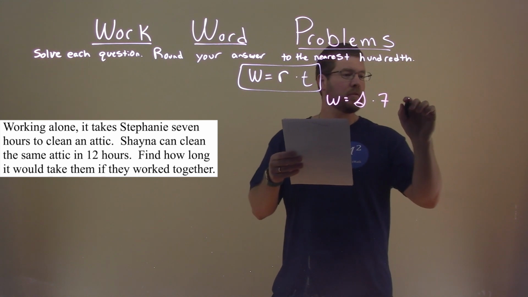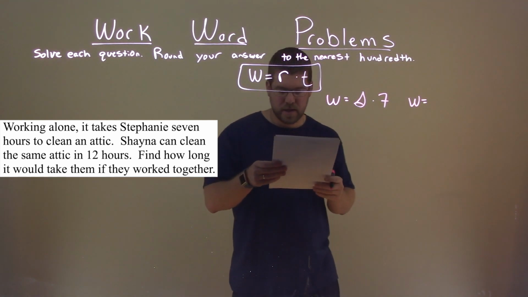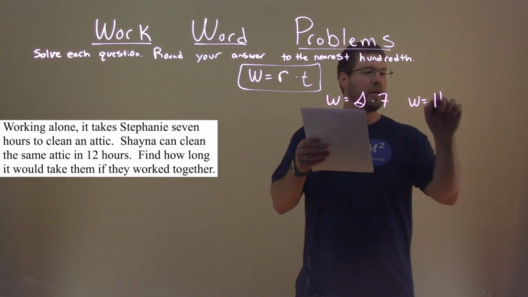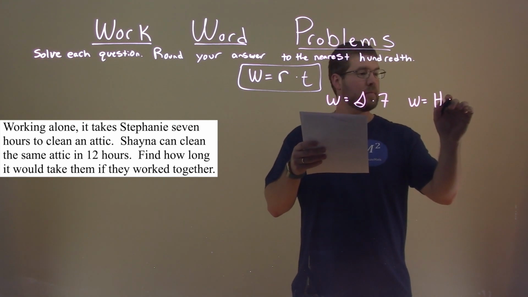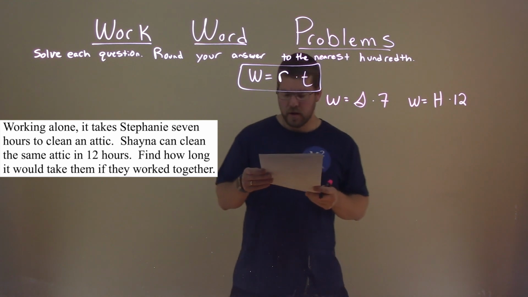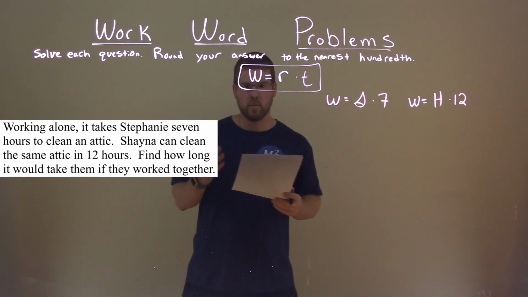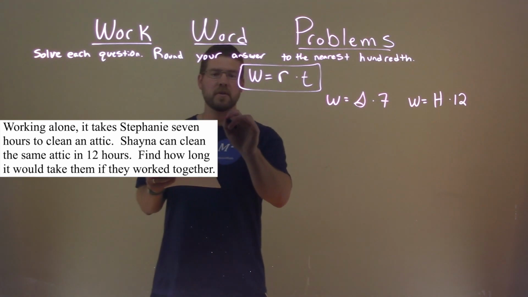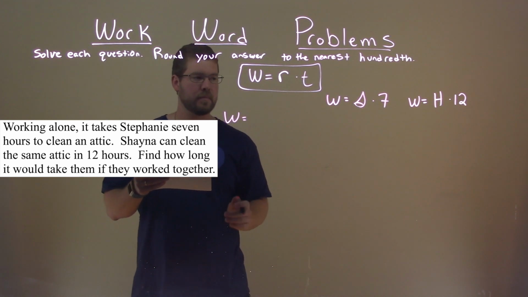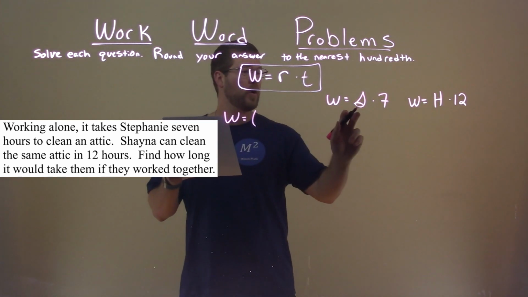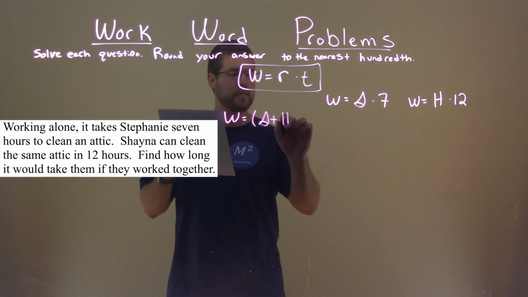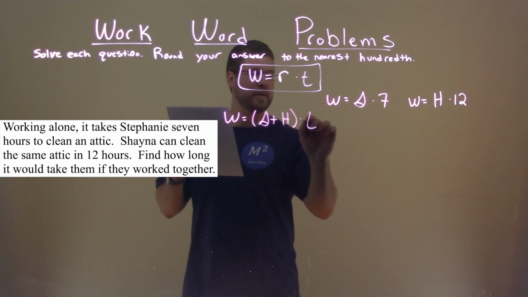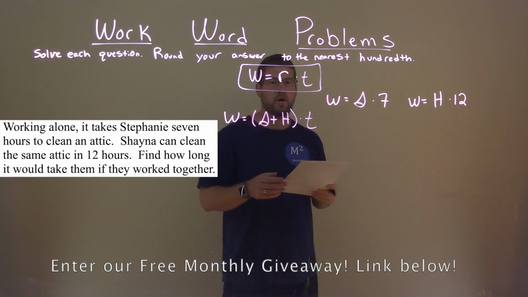The same job of cleaning the attic takes Shayna, which we'll say her variable's H, her work rate H, takes her 12 hours to clean the same attic. We want to find how long it takes them if they work together. So the work of cleaning the attic here is equal to, well, there are two work rates together, so we add them up, S plus H, times some time T. All right.